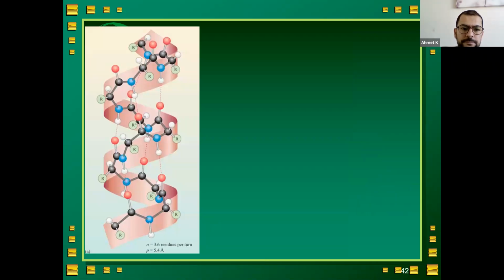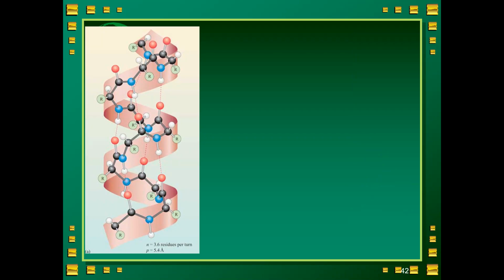So what about this one? If you look at this structure, is this a primary, secondary, tertiary, or quaternary structure of the protein? That's the secondary. Secondary, right?